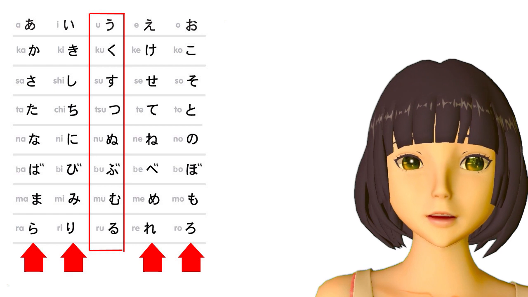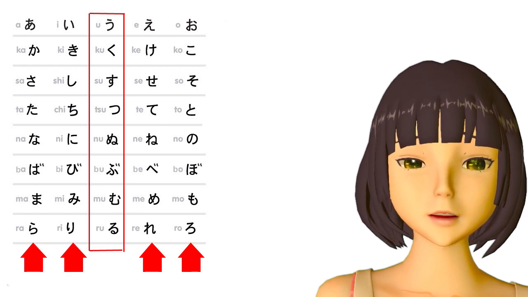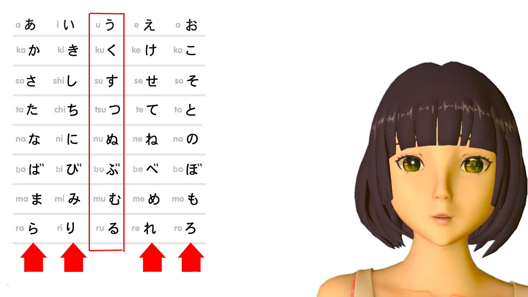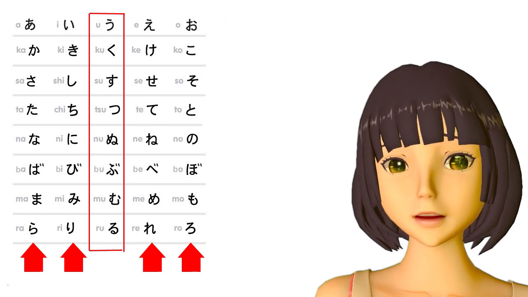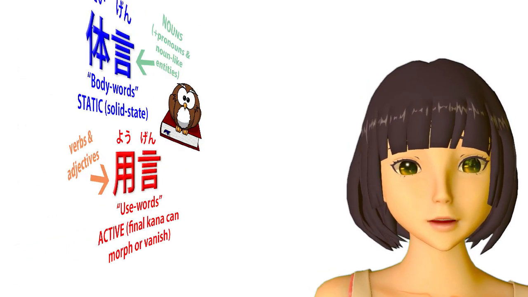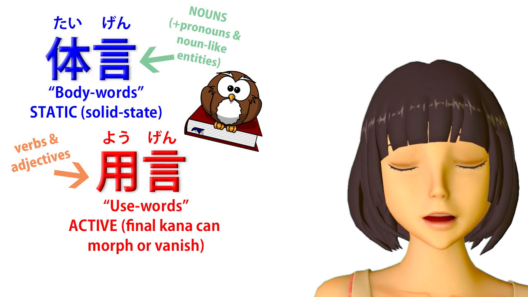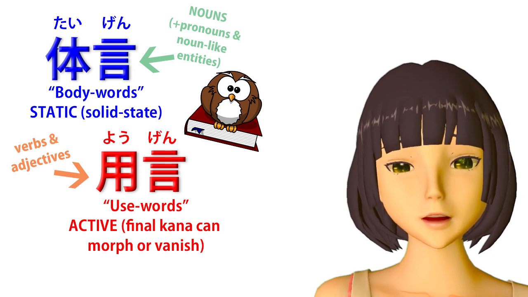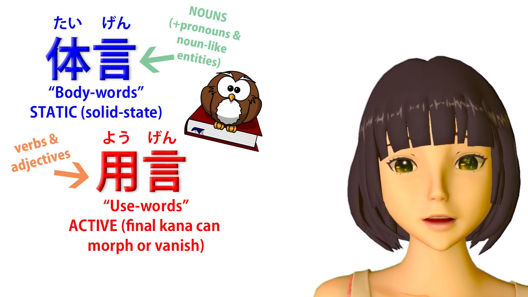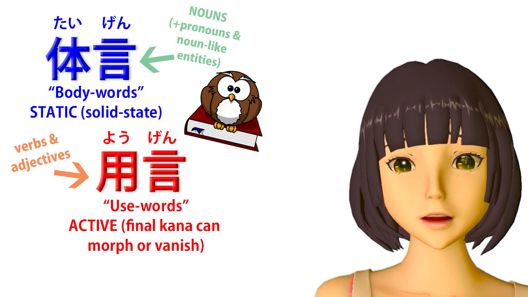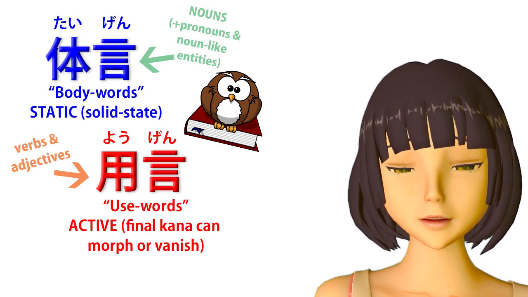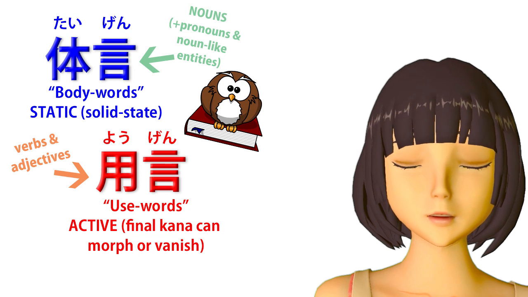So, su can become sa, shi, se, or so. And ichidan verbs simply drop the ru. Verbs can also modify into the te form, and again, this is essentially a question of either changing or dropping the final kana and adding te or de. And the same, of course, with the ta form.